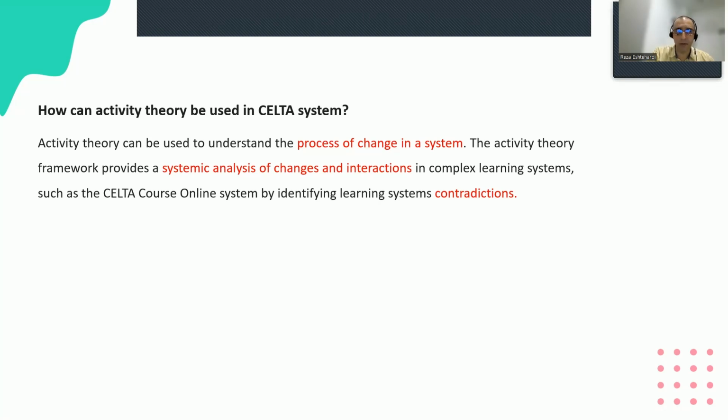The activity theory framework provides a systematic analysis of changes and interactions. As I mentioned before, the interaction between different elements, especially in a complex learning system like CELTA, is going to be very, very clear when we use activity theory. And also identifying learning system contradictions.